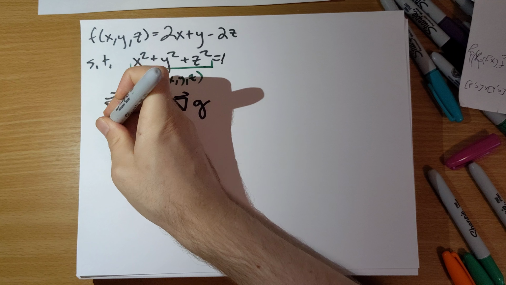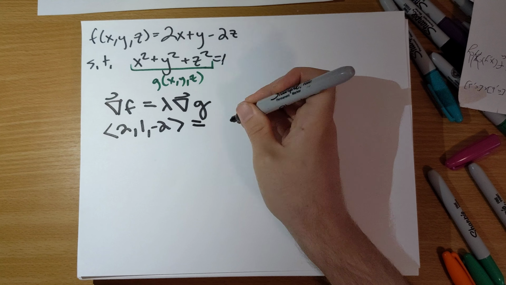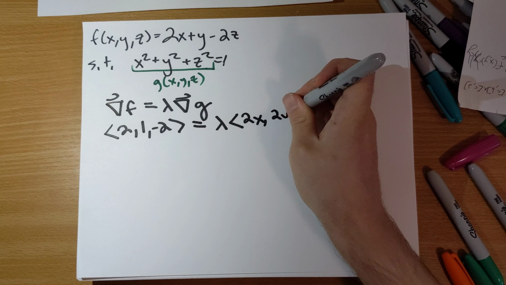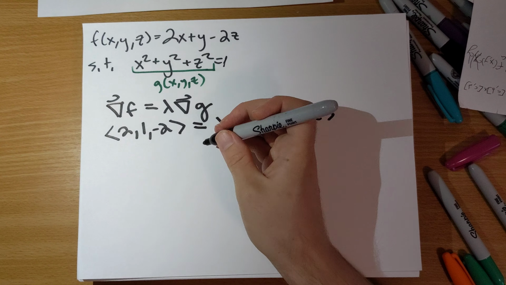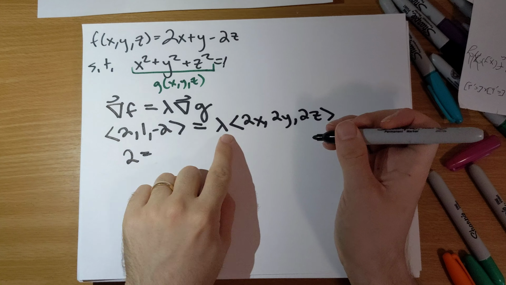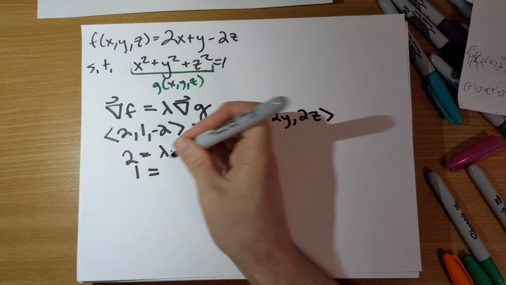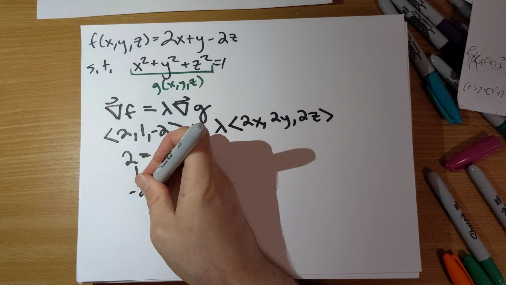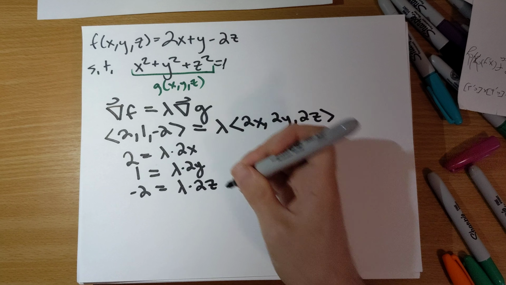The gradient of f here is 2, 1, negative 2, which is equal to lambda times the gradient of g, 2x, 2y, 2z. So the equations are 2 is equal to lambda times 2x, 1 is equal to lambda times 2y, and negative 2 is equal to lambda times 2z.